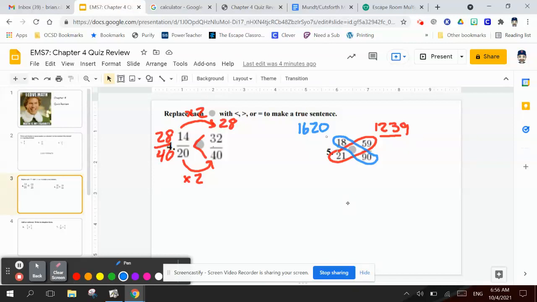I know that 1,620 is larger than 1,239. So 18 over 21 is greater than 59/90. That's called the butterfly method, where you simply cross multiply to find the product and then compare those two numbers.